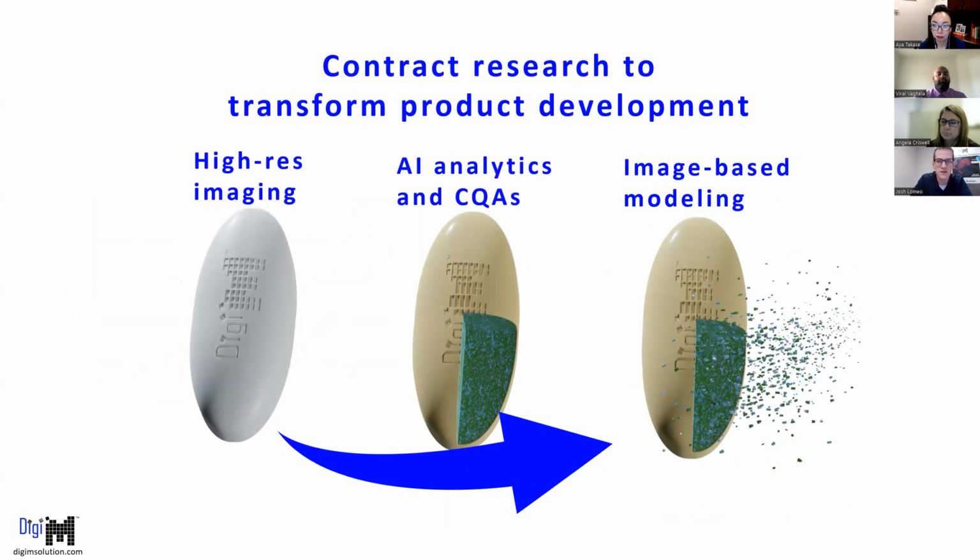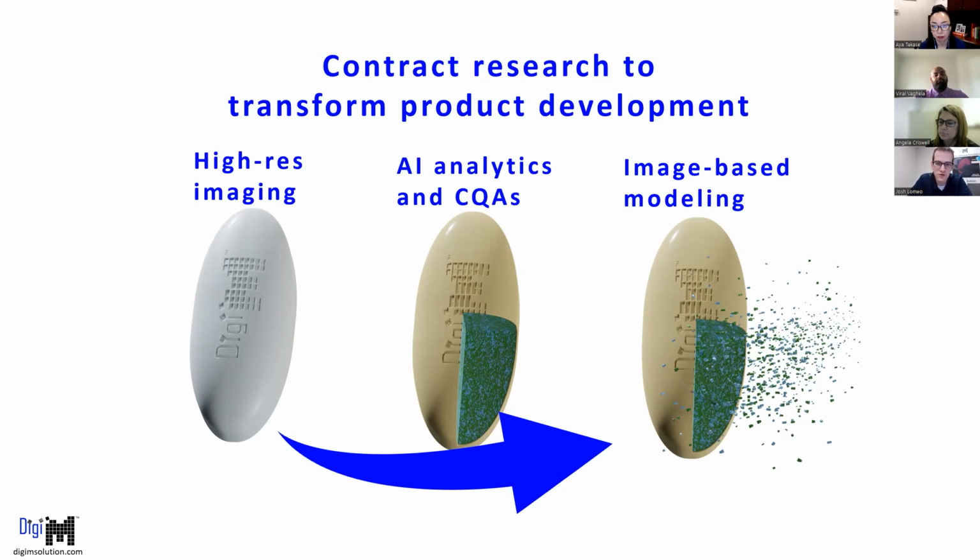In terms of DigiM, we provide contract research to transform product development, from the imaging collection all the way up to the AI analysis and image-based modeling. This can be either from your imaging data or images that we collect.